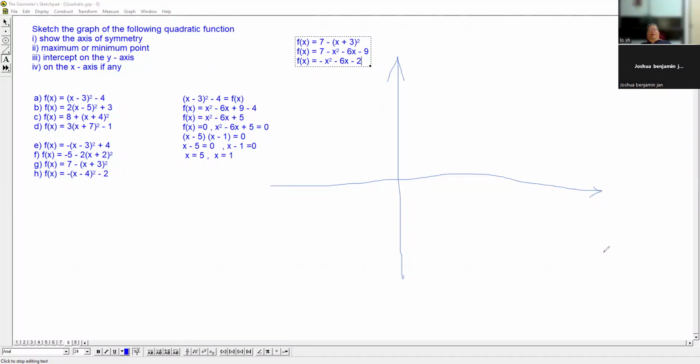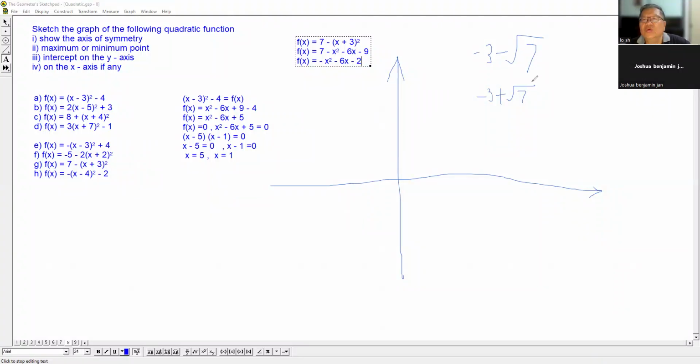What came out? Negative 3 plus square root of 7, and negative 3 minus square root of 7.